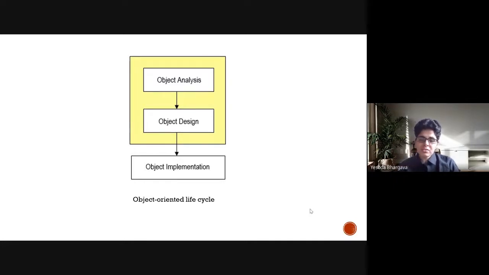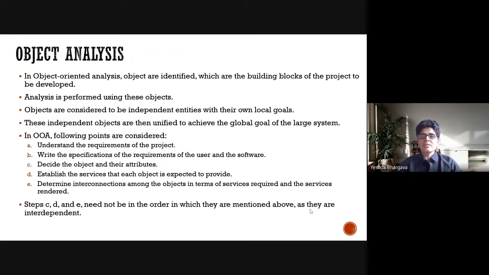Implementation basically means that you give a structure to your design using some coding language, which is obviously following the paradigm of object oriented programming. So, talking about object analysis, what happens in this is that you basically identify the objects that will make up the software or the solution.